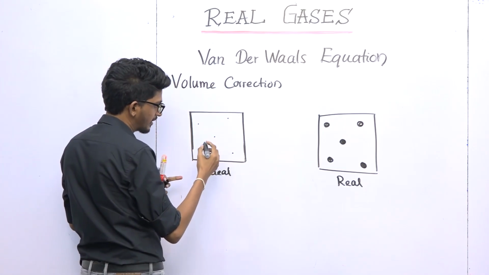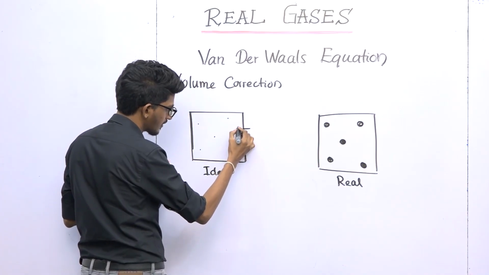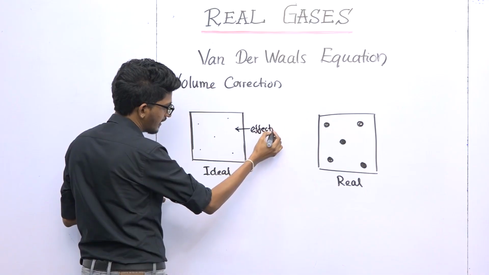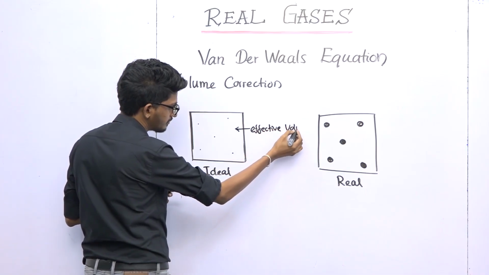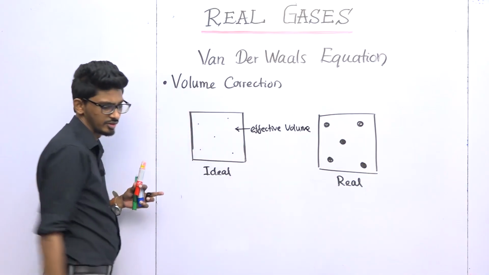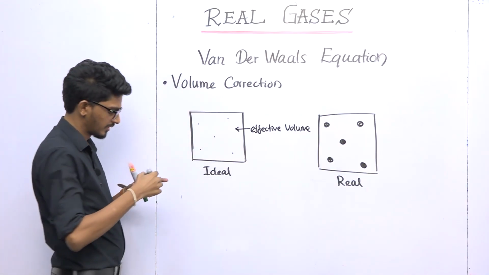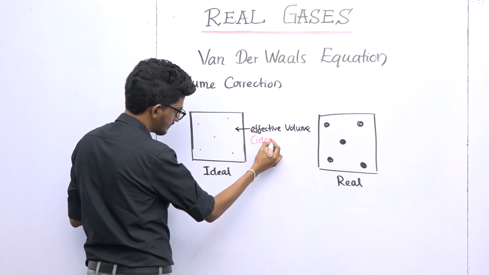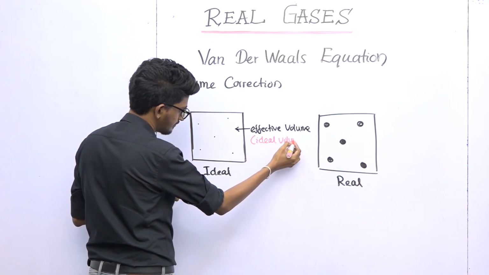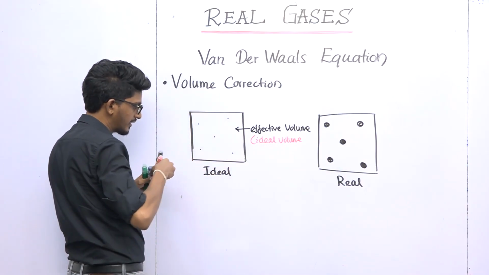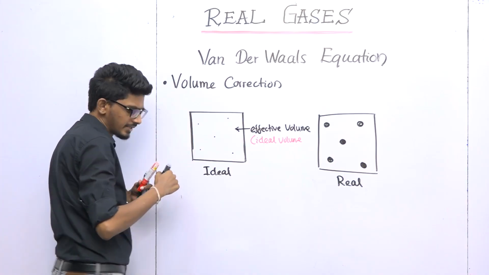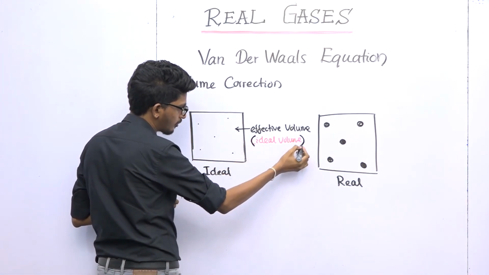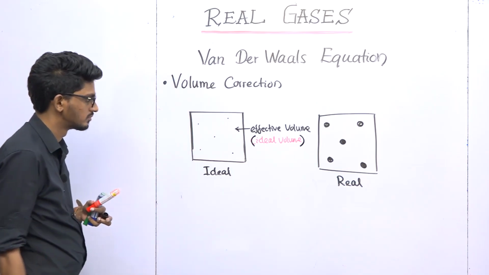If you think of the effective volume, or the ideal volume, it is the volume available for ideal gas molecules to move.